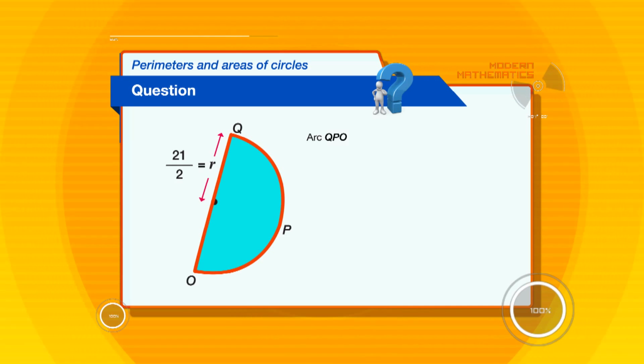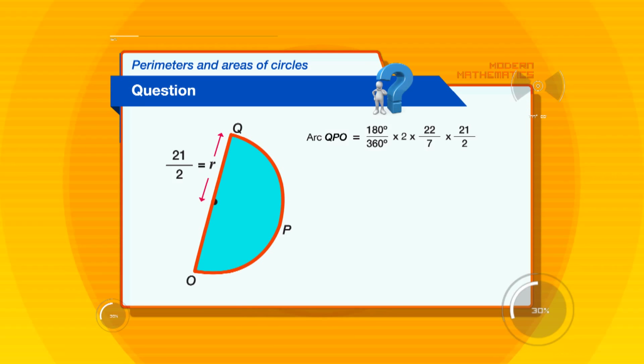Utilizing the formula of length of arc, we have 180 degrees over 360 degrees times 2 times 22 over 7 times the radius of 21 over 2, giving us the answer of 33 centimeters.